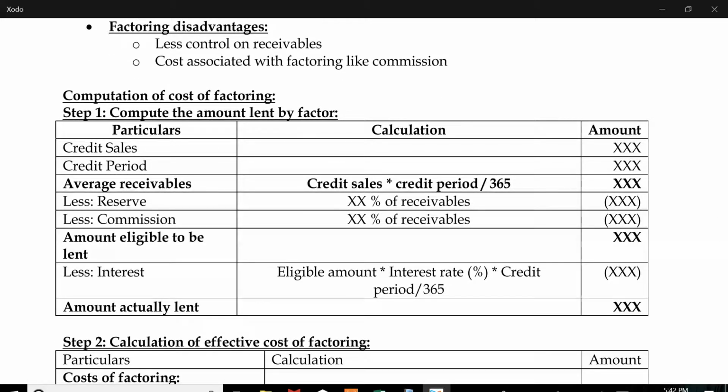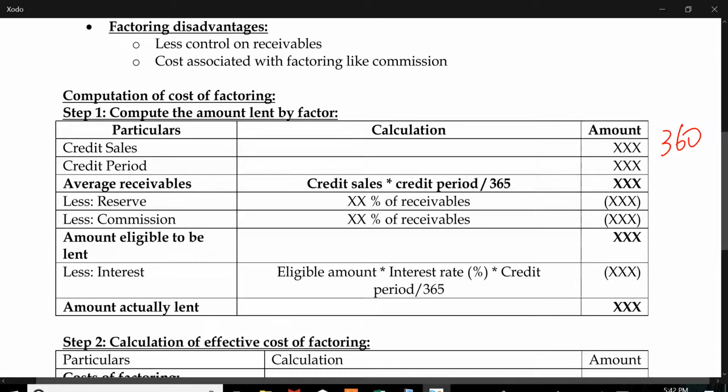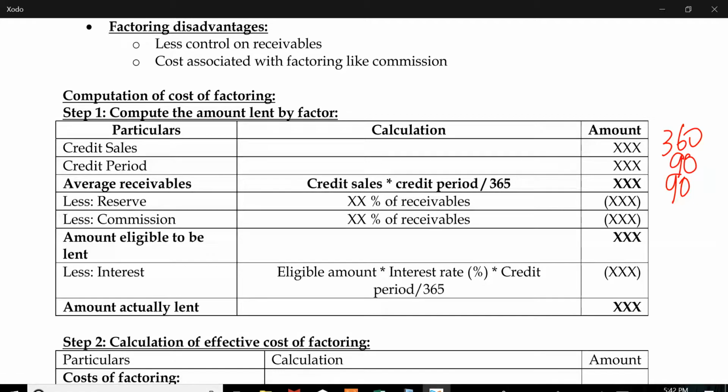So this is a normal statement which we do. First we try to understand what is the money the factor gives. The starting point for that is credit sales. Based on credit sales and credit period, you will get the average receivables. So if you have credit sales of 360 lakhs and there's a 90-day credit which you give, your receivables will be 90 lakhs, assuming I divide by 360. If you divide by 365, you'll get a different number. Now in this 90 lakhs, he's not going to lend me the entire amount.